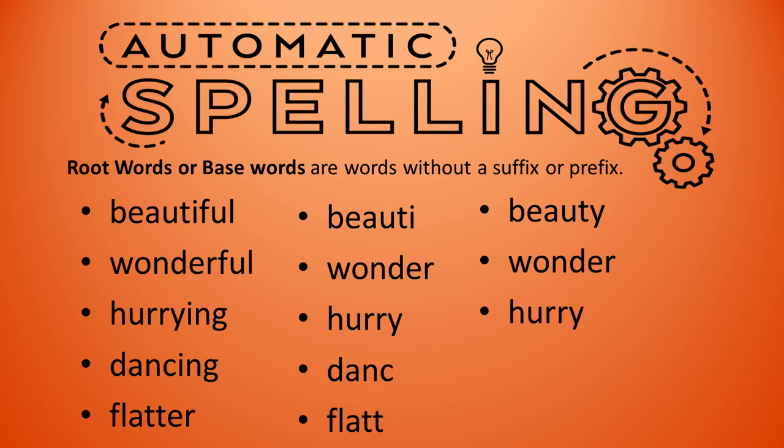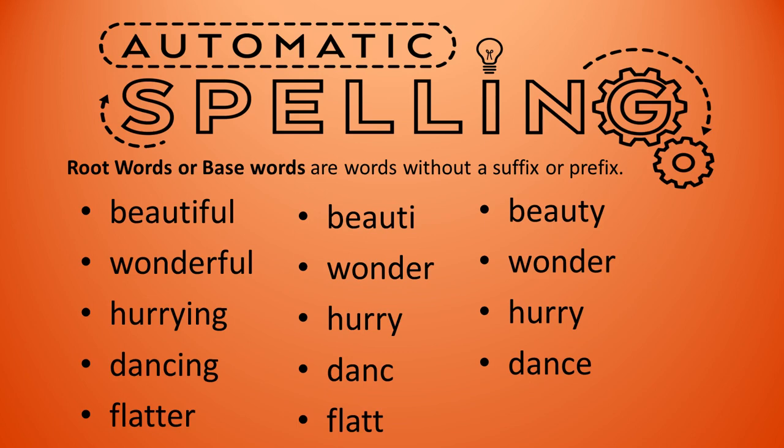But danc looks a little weird, doesn't it? If we had it like this, D-A-N-C, we would be missing something. This would say dank, and I don't know that word. We need the C to say S. So we're going to add a silent E, because C says S before E. So this is the word dance with an E at the end, okay? And then flat looks a little strange too. We do sometimes double T's at the end of a base word, but in this case we don't.